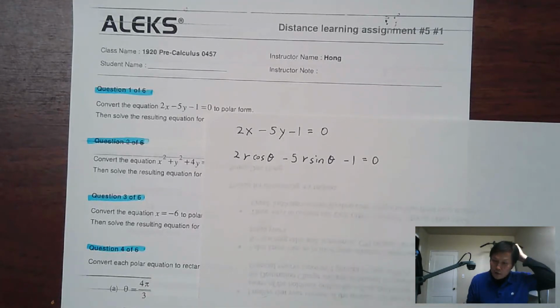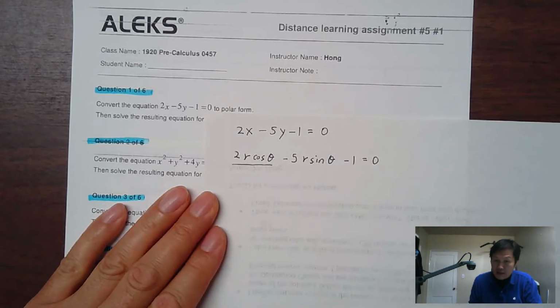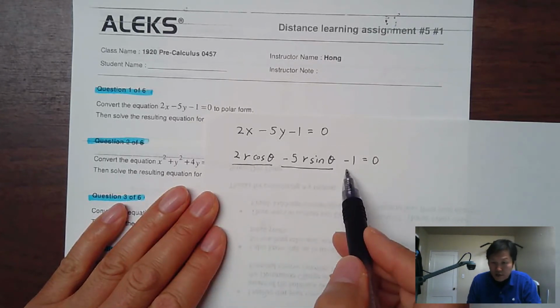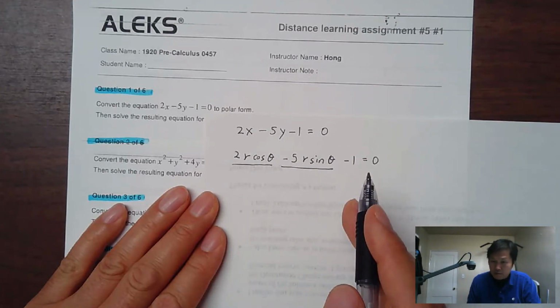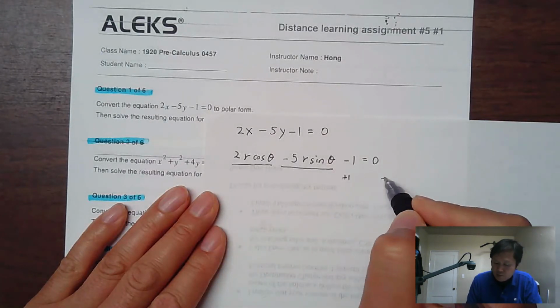You have to solve for r. This term has r, this term has r, this term does not have r. So move the term without r to the other side: plus 1 on both sides.